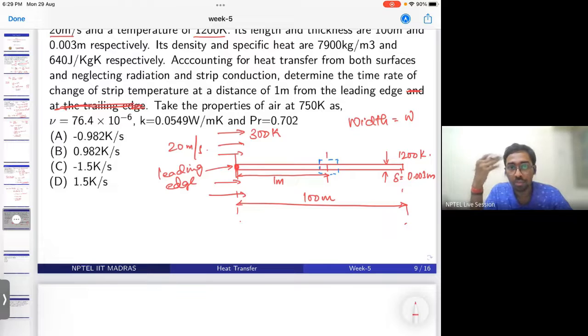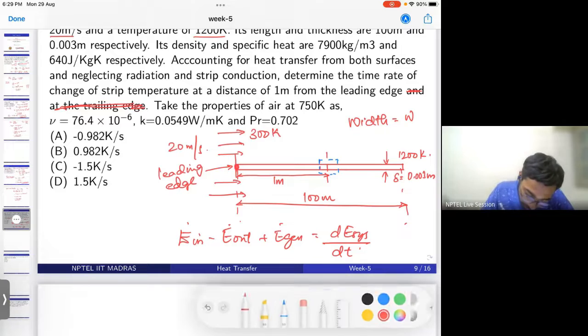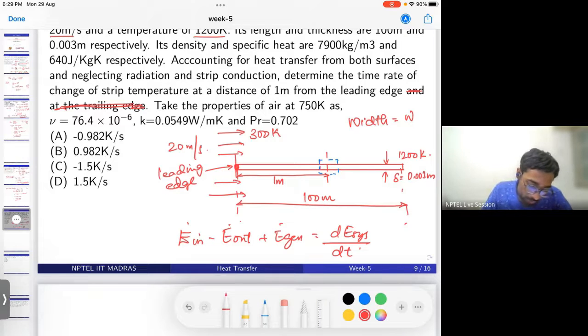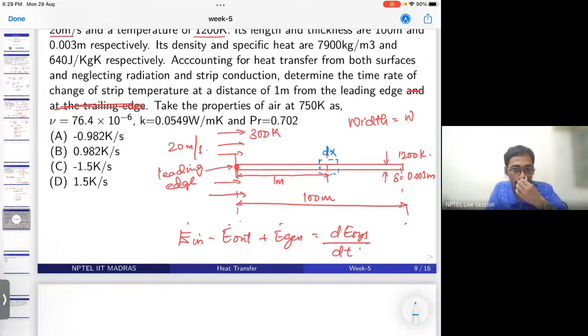So what is our general equation? We are going back to the first classes. That is E dot in minus E dot out plus E dot G is equal to dE system divided by dt. I am considering at 1 meter from the leading edge a small elemental control volume of length dx, thickness delta, and also width w.